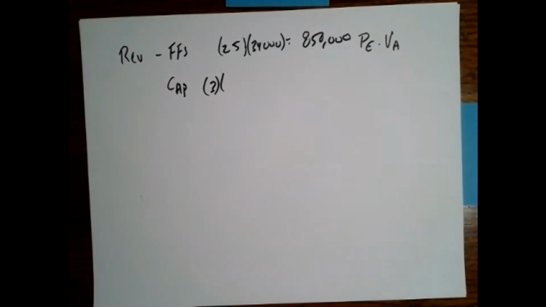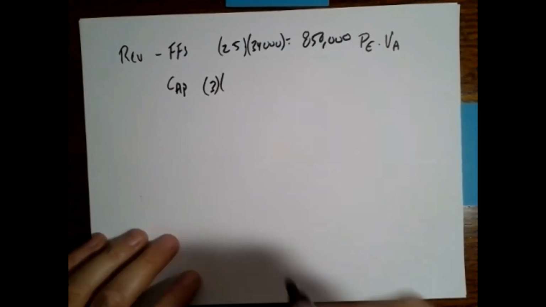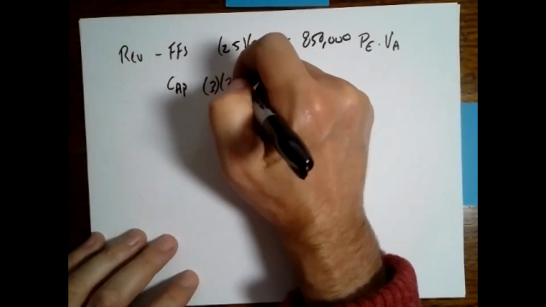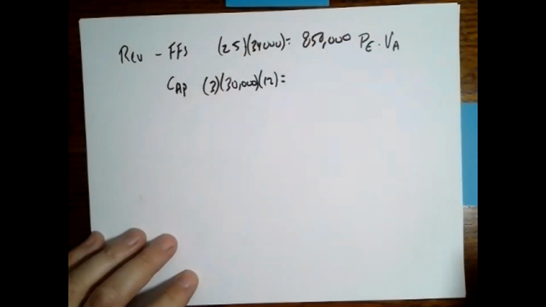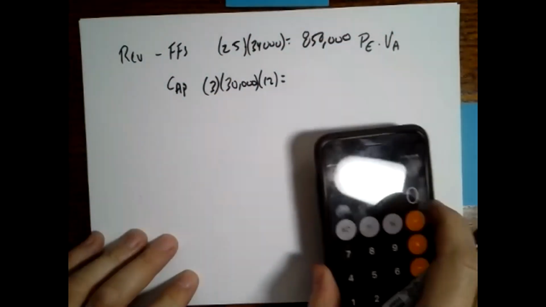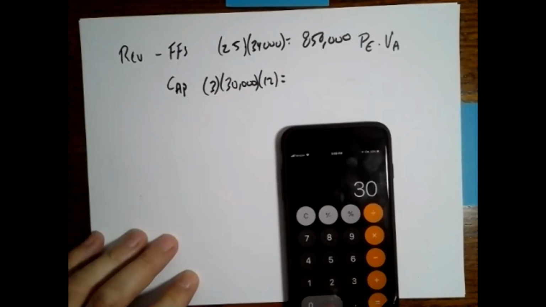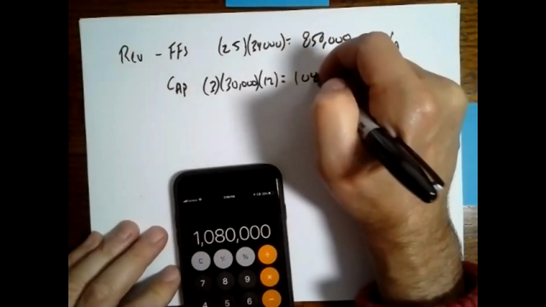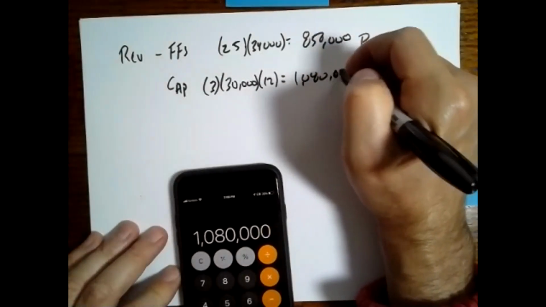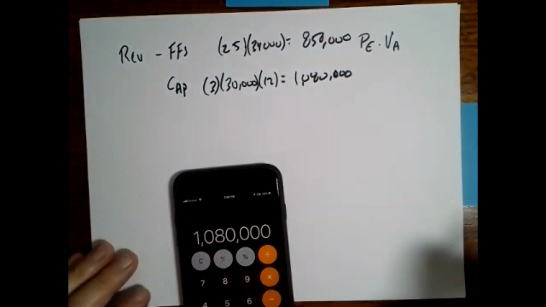And then we go back to the problem and the table in 8.4, and we find that we have 30,000 members times 12 months. So we get 30,000 times 12 times 3, and we get 1,080,000.